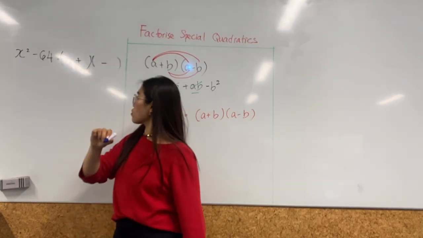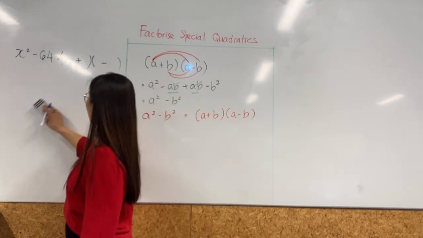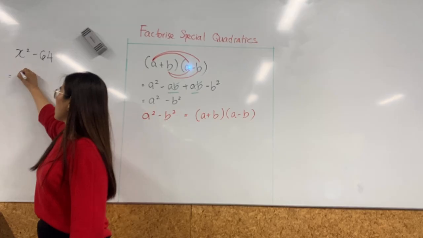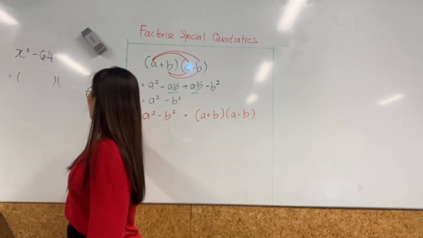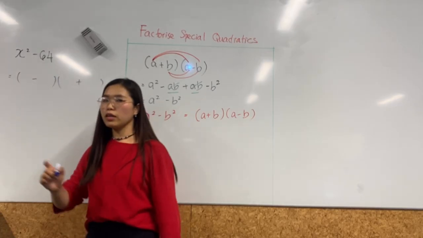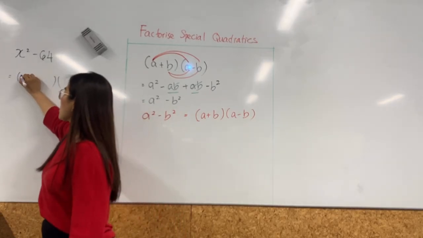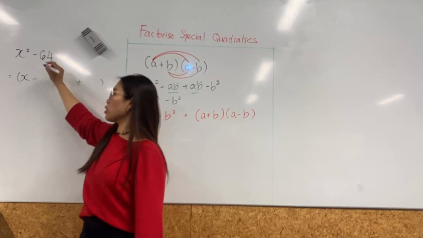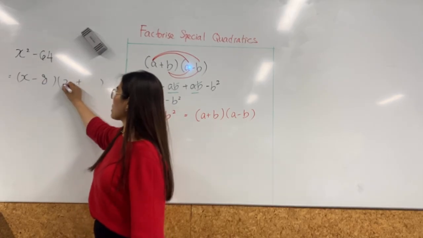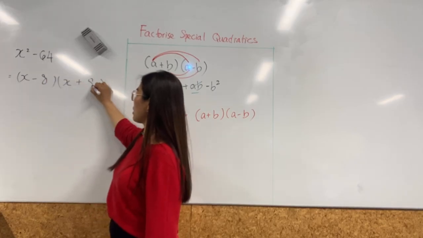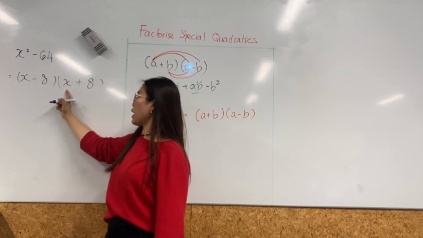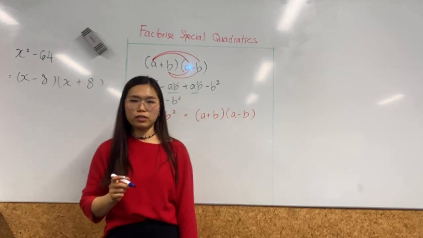I'll go two brackets. I know one is plus and one is take away. The square root of x squared is x. The square root of 64 is 8. So it's going to be x take away 8, x plus 8. That is how you factorize them.